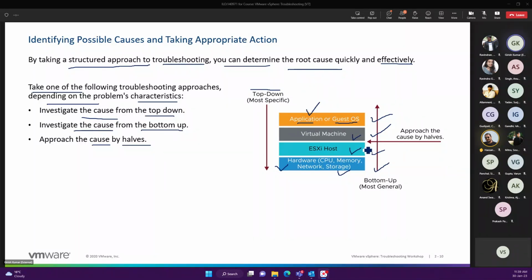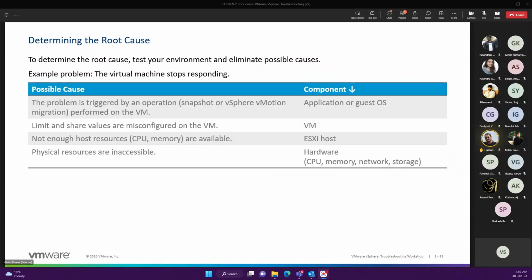Directly at the VMs or ESXi level also we can start investigation. Determine the root cause. To determine root cause, test your environment, eliminate possible causes.